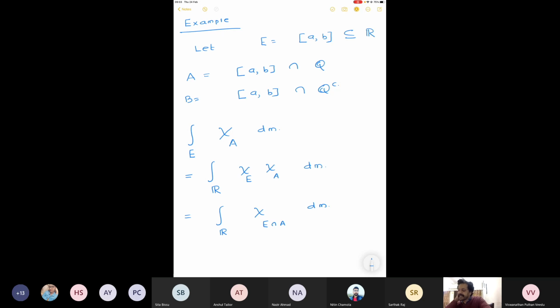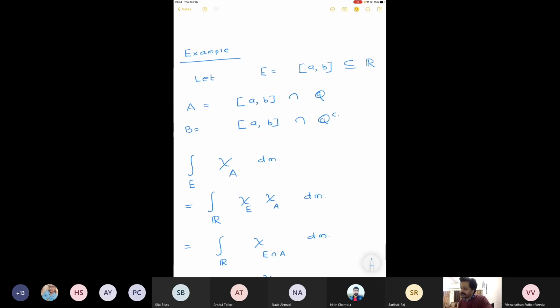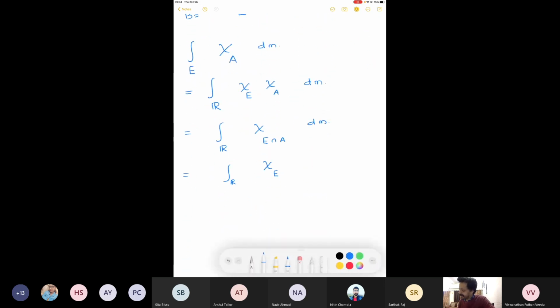E is (a, b) and A is (a, b) intersection Q. So what is chi of E intersection A? It is chi A. So this is equal to integral over R of chi A dm.